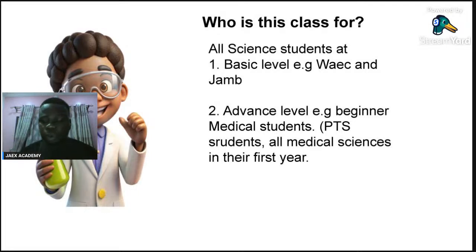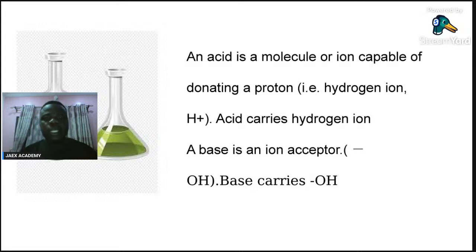Now, let's define an acid. An acid is capable of donating a proton. You can see on my screen that an acid contains hydrogen ion. What does it mean to contain hydrogen ion?